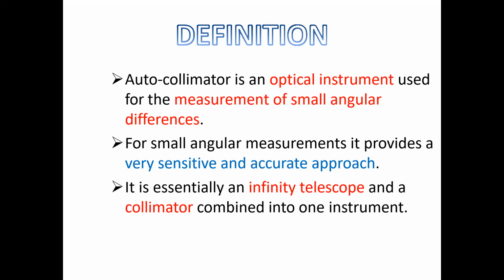For small angular measurements, it provides a very sensitive and accurate approach. Very small measurements can also be read by using these autocollimators. It is a combination of an infinity telescope and a collimator. Both are combined in one instrument. A combination of a telescope and a collimator inside an instrument is called an autocollimator. Right.